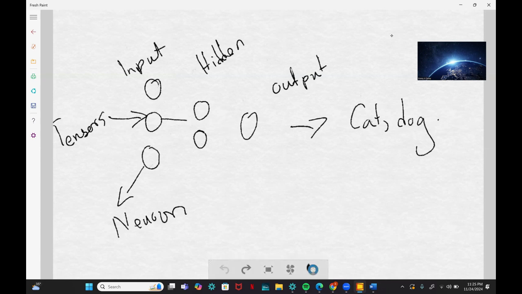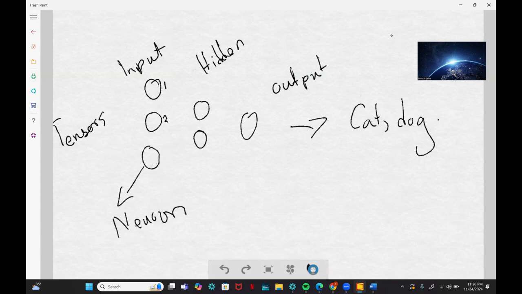So let's talk about how specifically they connect together. For instance, each of these neurons has an output. Let's say this is one, this is two, this is three. And each neuron in the next layer has a bias attached to it.